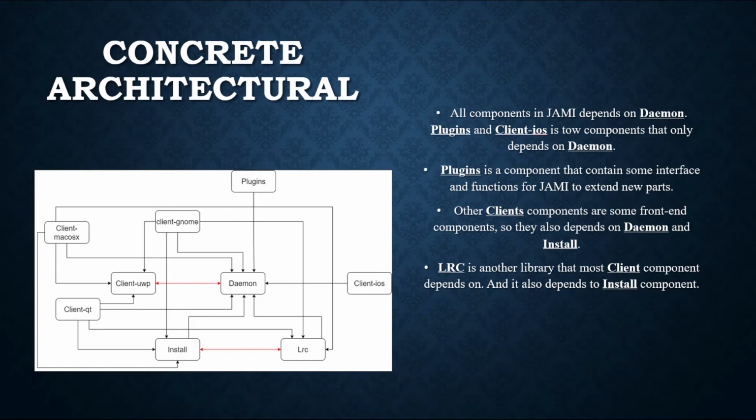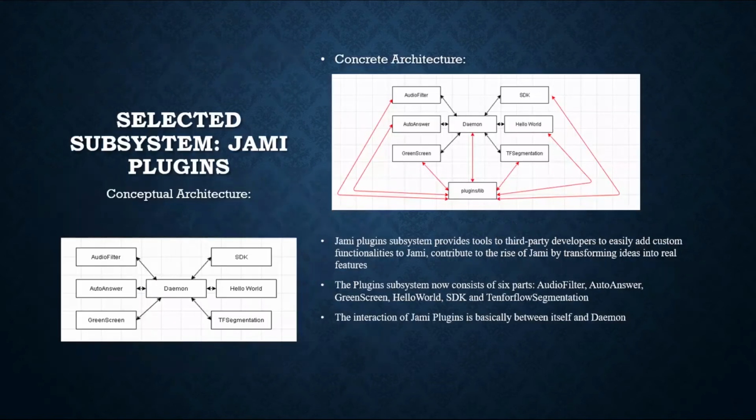Plugins and client iOS depend only on daemon. LRC and install components are another library that almost every client depends on. And install and LRC depend on each other. Client UWP is another special one because it is the only component that the daemon core has a dependence on.